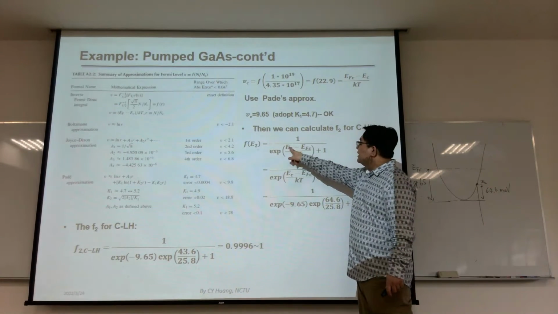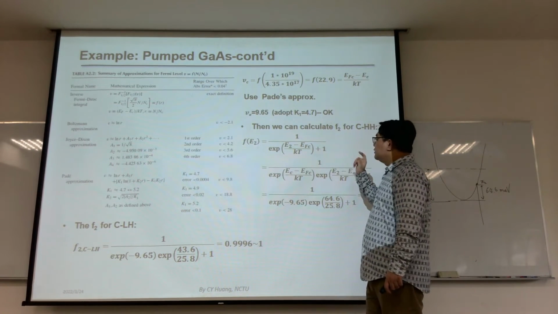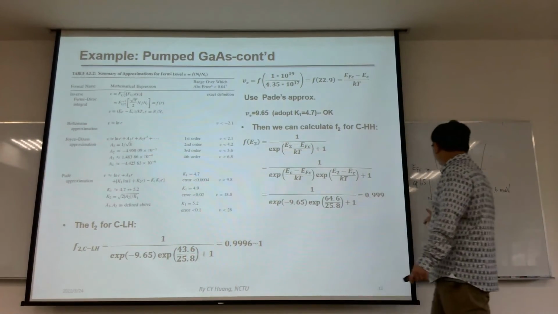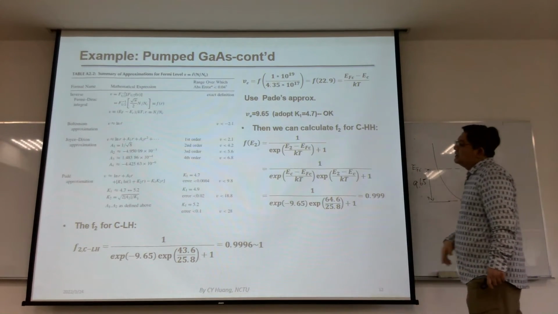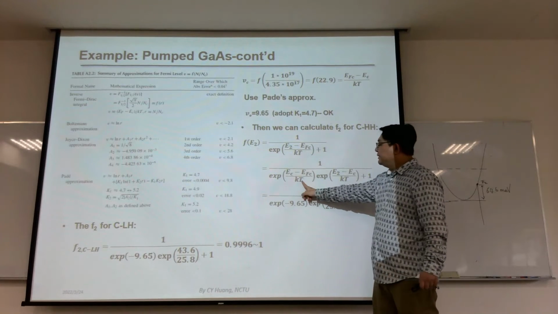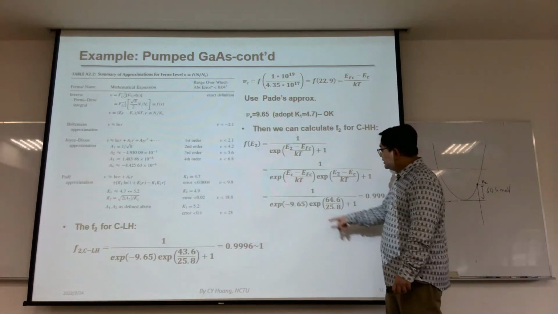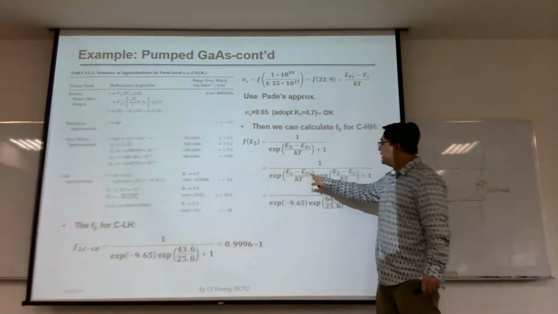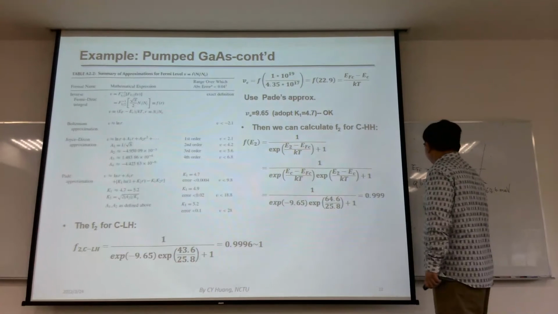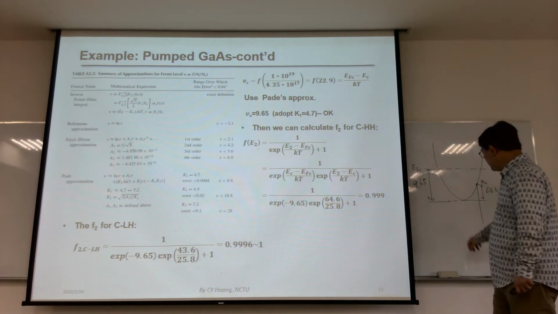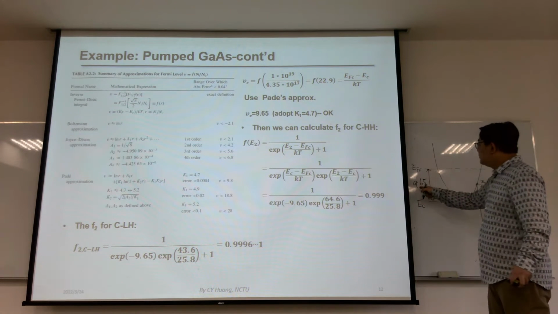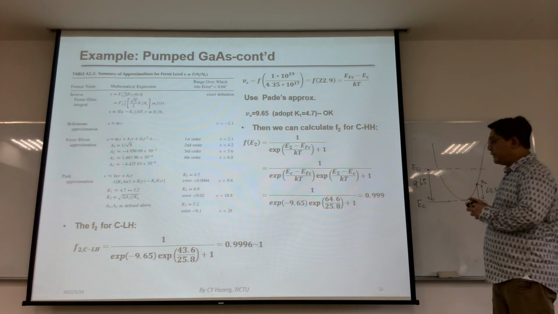Alright. So E2 minus EFC would be further decomposed, so we will all use EC as the reference. So you will divide by KT, then plus EC. So it becomes EC minus EFC over KT plus E2 minus EC over KT. EC is 9.52 KT below that.